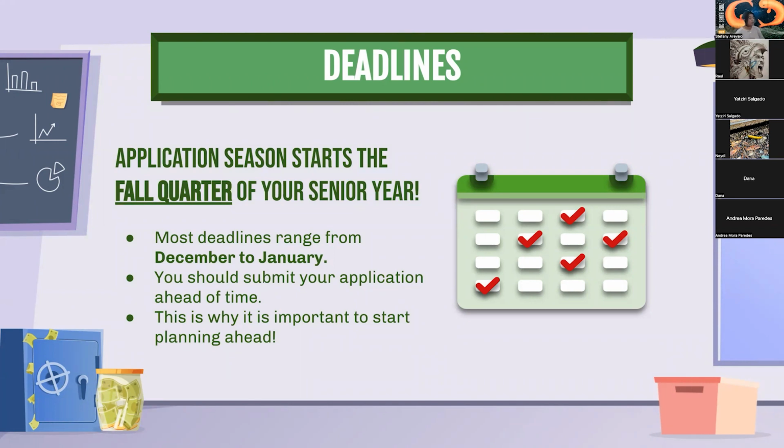Most deadlines range anywhere between the first week of December and the first week of January. Some even go up until February. So you would turn stuff in a bit later than undergrad students would. And they might open as early as the summertime. So think of your timeline to submit as anywhere between July and December, January. Those are the months you have to finish the application and submit everything.